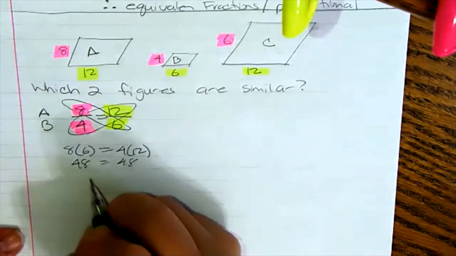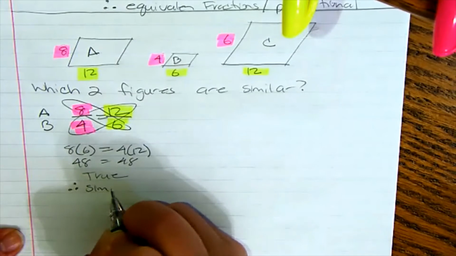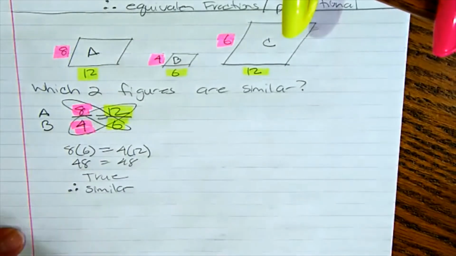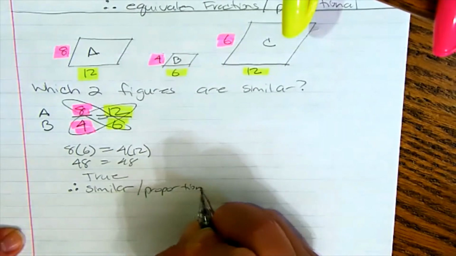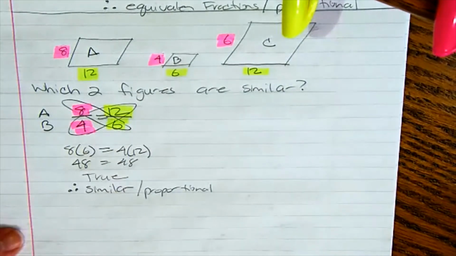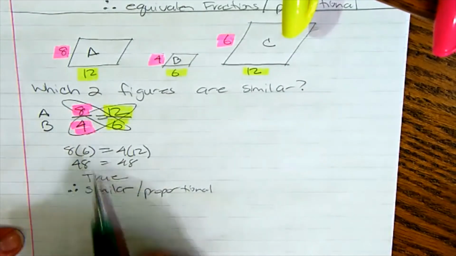Would you look at that? That is true. Therefore, they are similar figures or proportional. So A and B are similar figures.